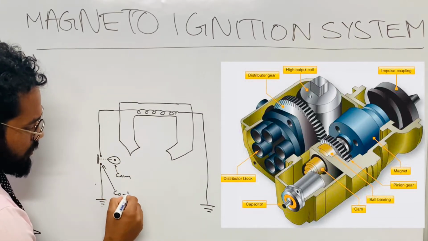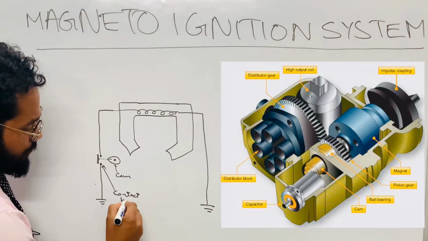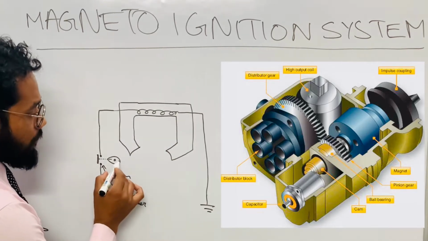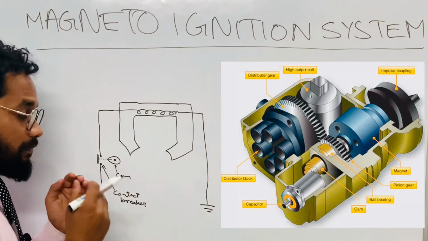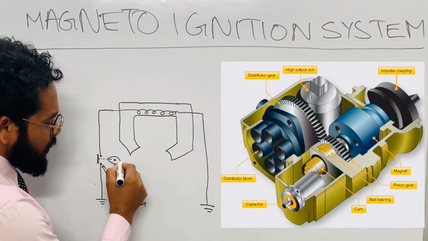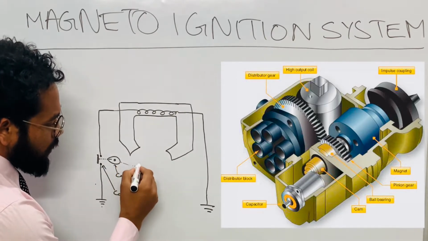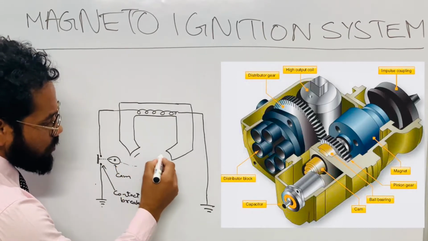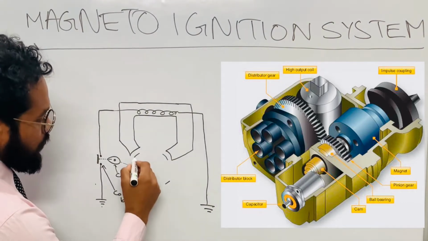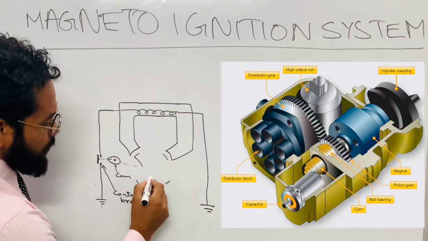So I'm writing here: contact breaker. Next, this cam, by means of some rotating assembly, is connected to a permanent magnet. So I'm attaching this cam to a permanent magnet, which I am drawing here.